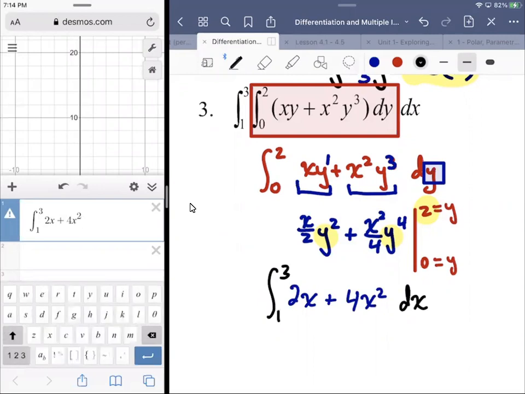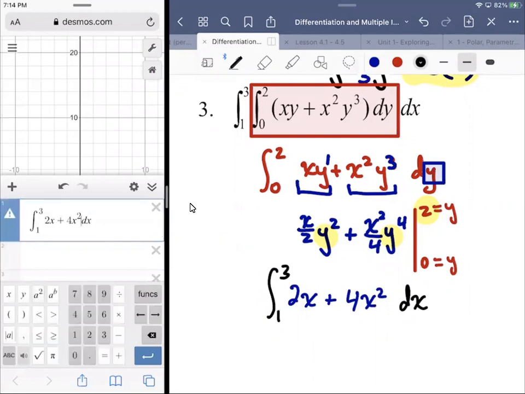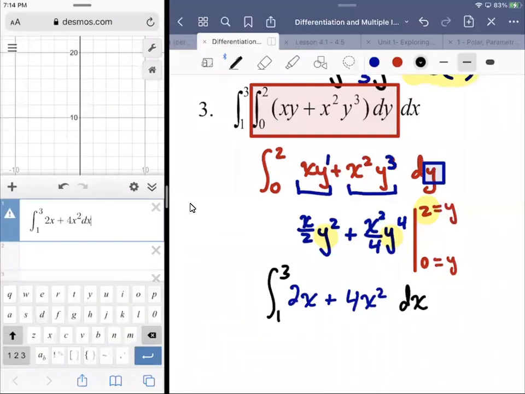Get out of there. That's so weird. It's like the first time this hasn't worked for me. I don't know what the problem is. I got my variables in there the right way.